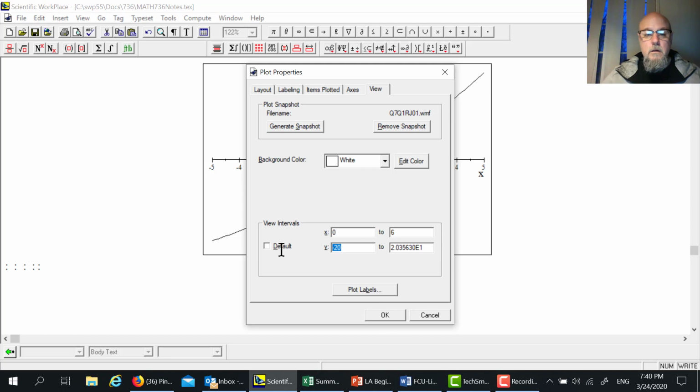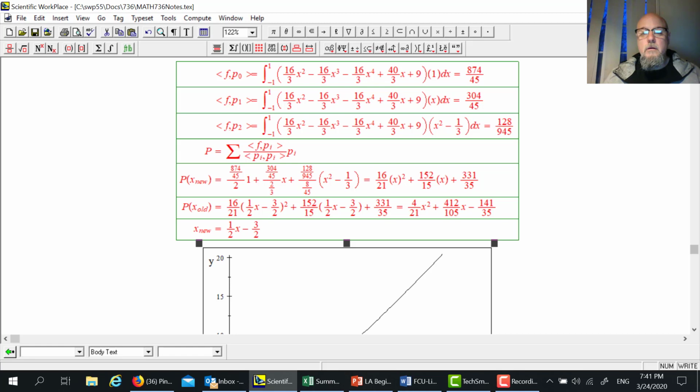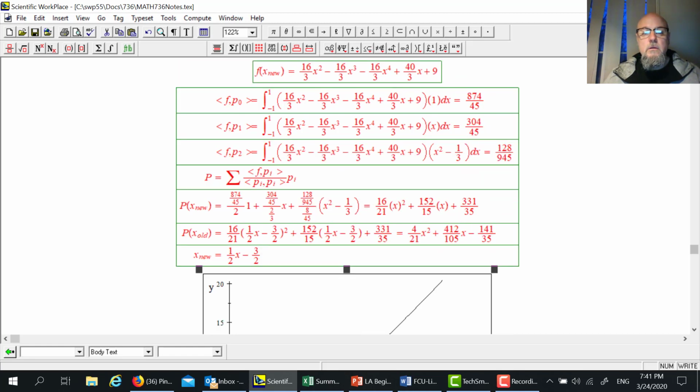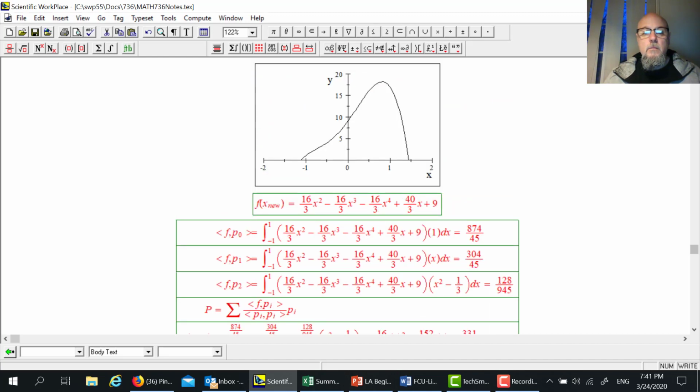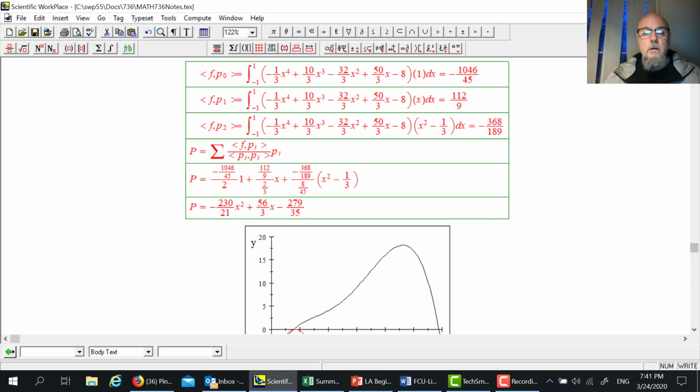There it is, from 0 to 6. And we want to see our original polynomial. There's our original polynomial.